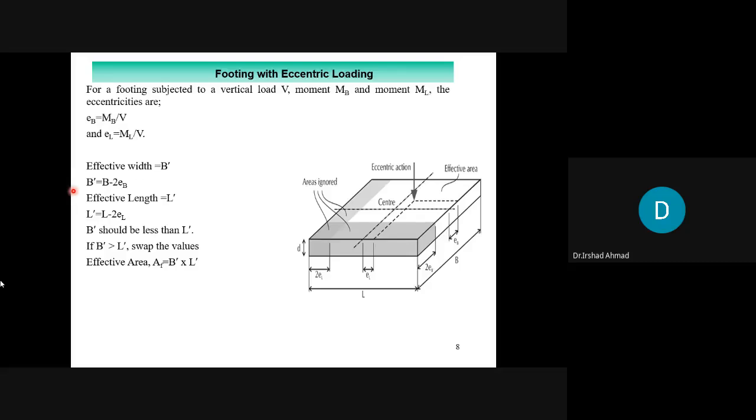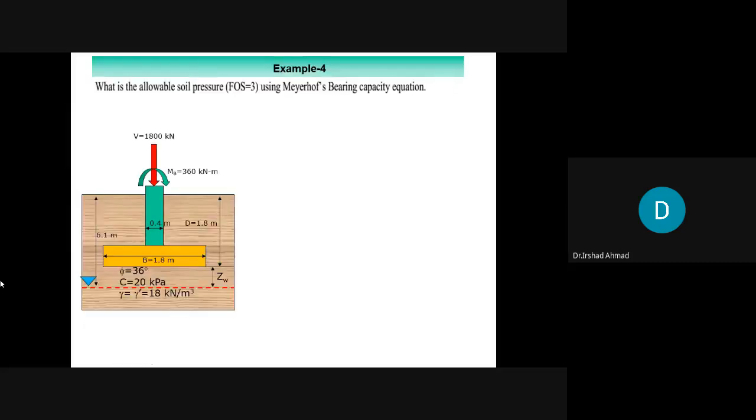Okay. So you have written all the equations with you. Now you should be able to solve the problem yourself. Just use these equations. So this is a problem.